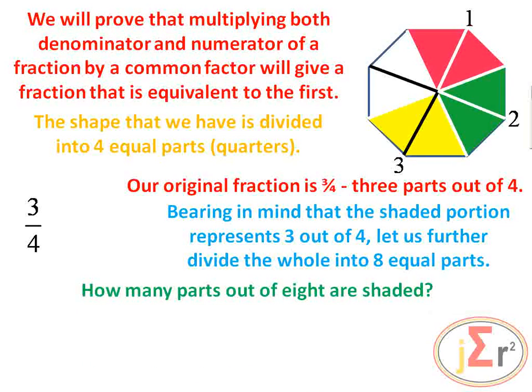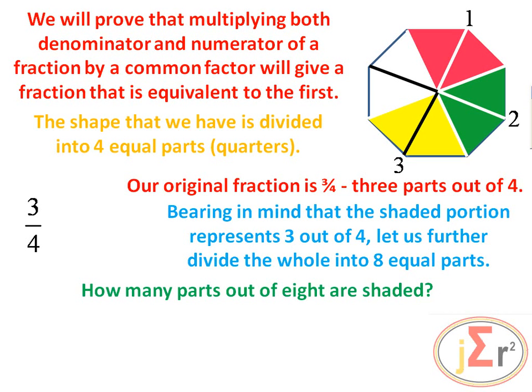You want to take a go at it now, Jerry? We have the same number of parts out of 4 shaded. Don't answer that question just yet, Jerry. How many parts do we have shaded out of the 4? 3. Do we still have 3 parts shaded out of 4? Yes. Okay. Now that it is divided into 8 equal parts, how many equal parts are shaded, as you can see? 6.